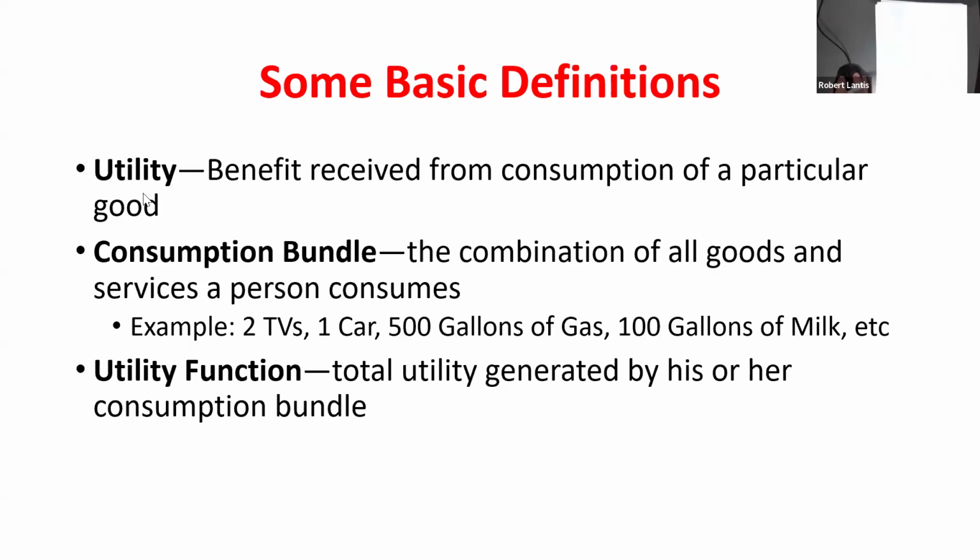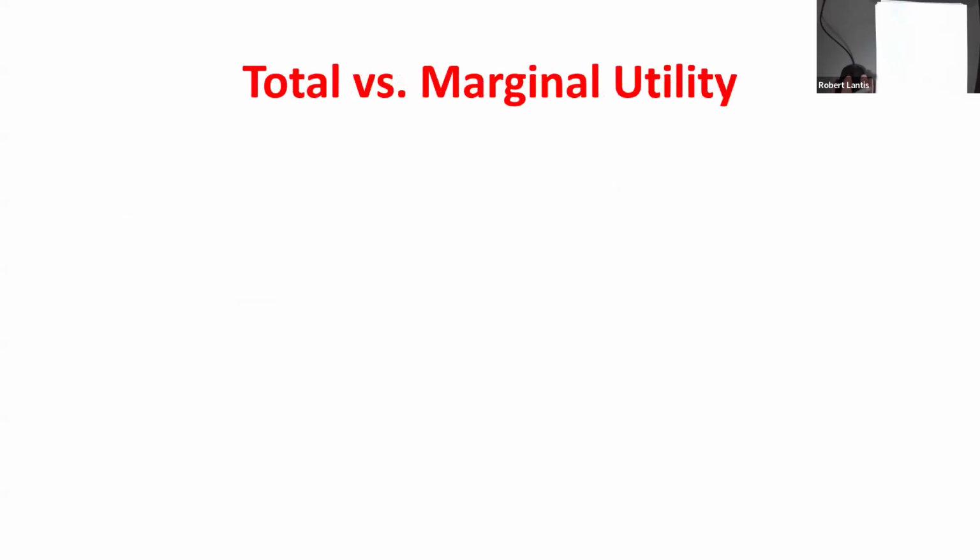We're going to have a function that tells us when I purchase different quantities of these goods, how much total utility I will get from consuming those goods. Generally, I'm not going to give you an actual function. I would just give it to you in table form or in graph form.